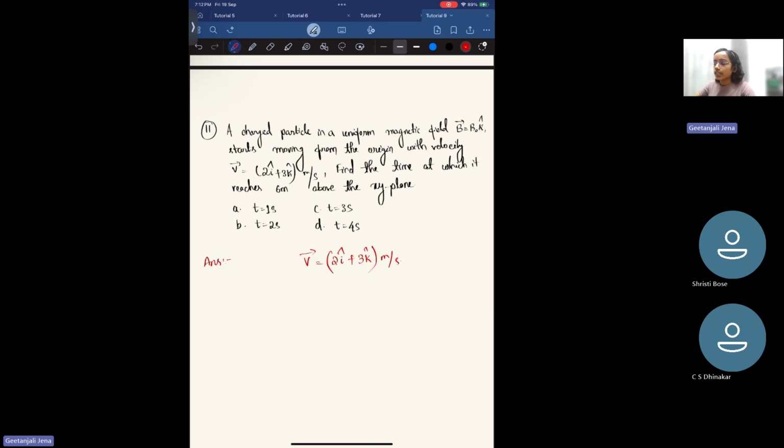You need to find out the time at which it reaches a distance of 6 meter above the xy plane. So this is quite easy. Just use the concept that we have used in one of our previous problems, and let me know the answer. There are four options. Option A is 1 second, option B is 2 second, option C is 3 second, and option D is 4 second.